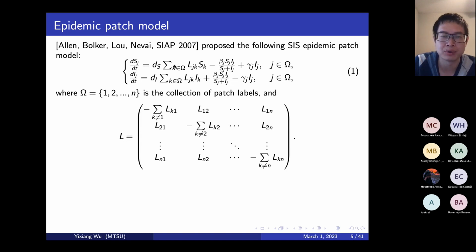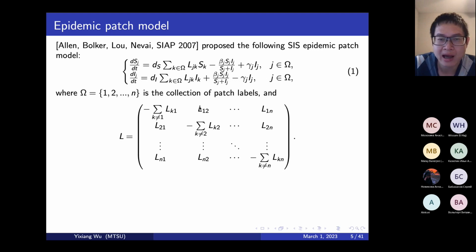This is proposed and studied in this SIAM applied math paper. In this model, they assume people are living in different regions or patches. Here, omega is a collection of patch labels. The matrix L is used to describe the movement of people between the patches.